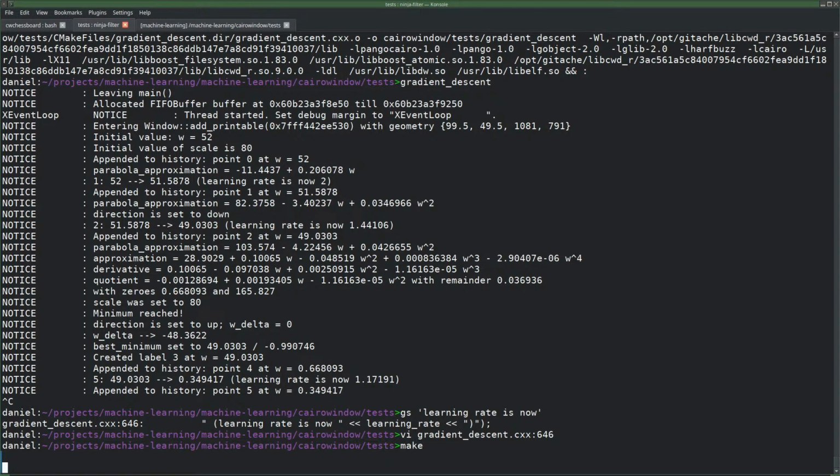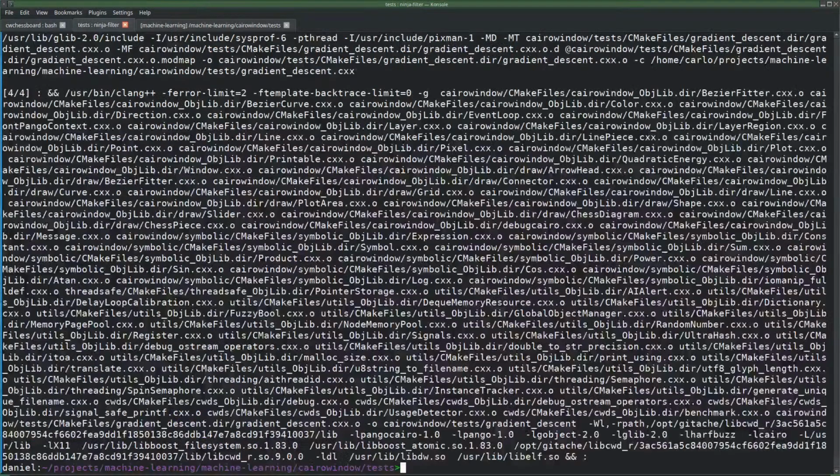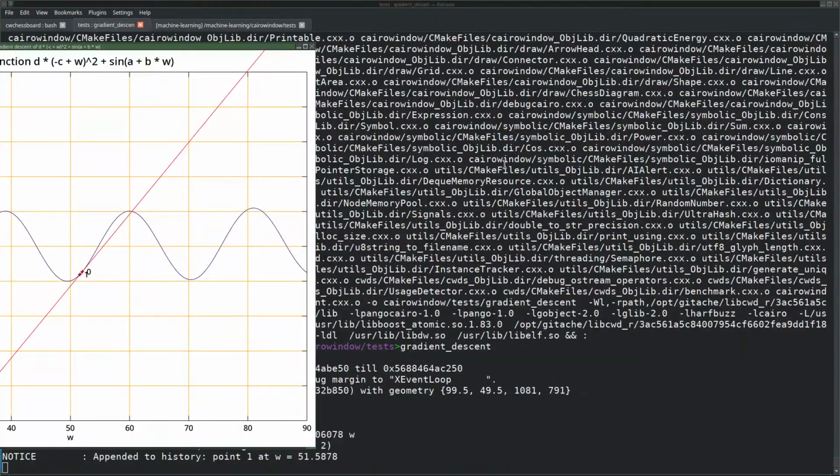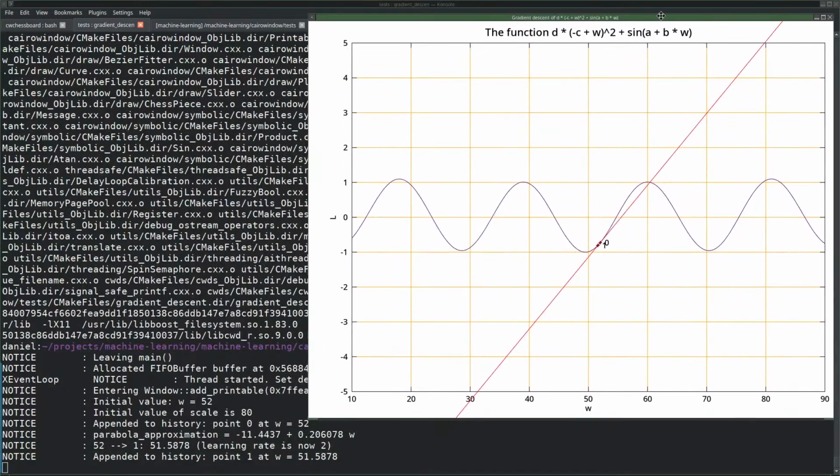Why do I not understand why it broke? Often it breaks and then I immediately understand why. So again, we have this point, the tangent is that, following down that tangent we get point 1.